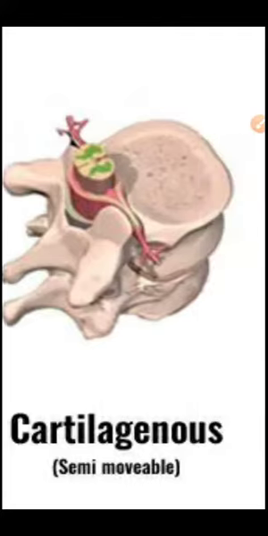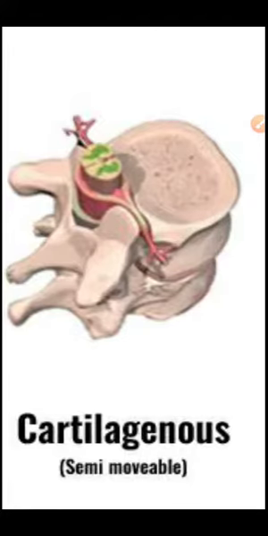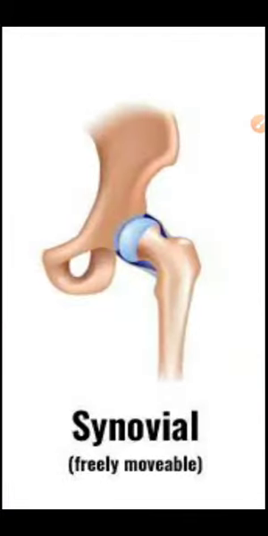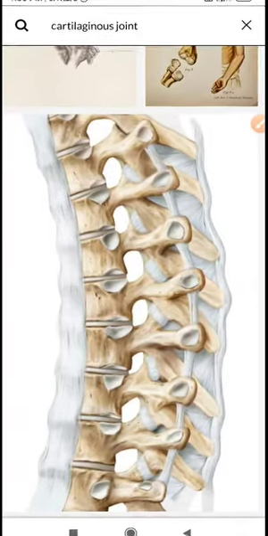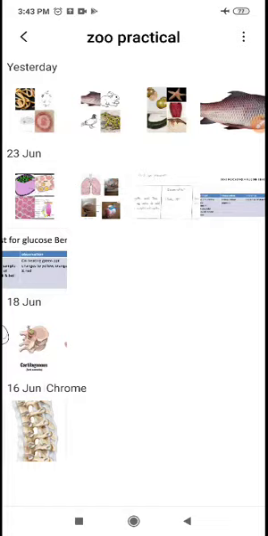Second one, cartilaginous joint, which is partially movable. Peculiarity is partially movable or semi-movable. Next one, synovial joint, which is freely movable.